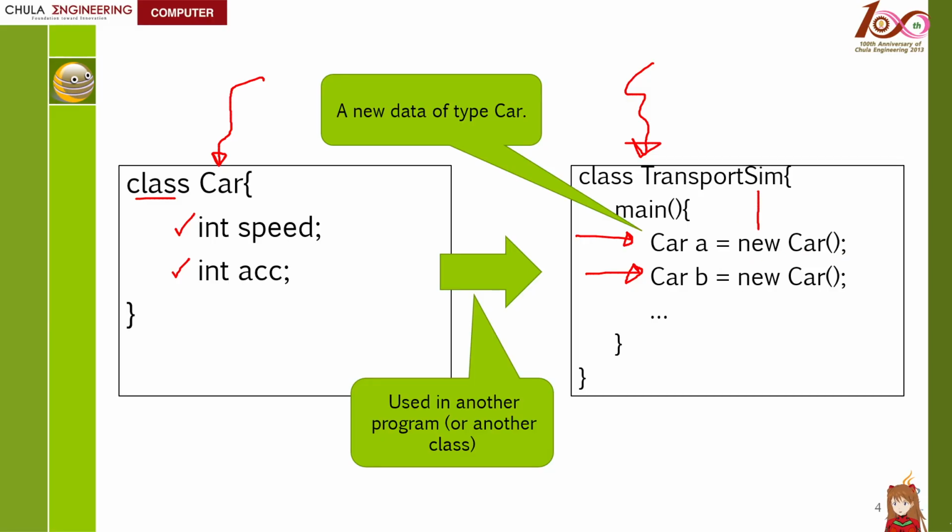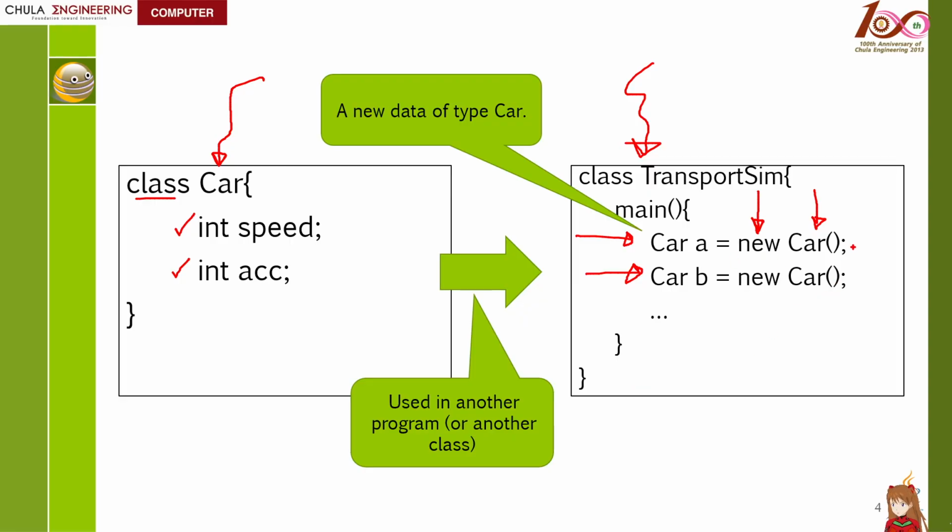Car A is created using what we call the new command and a constructor, where a constructor is a method that has the same name as your class, all right? The same name as your data type.